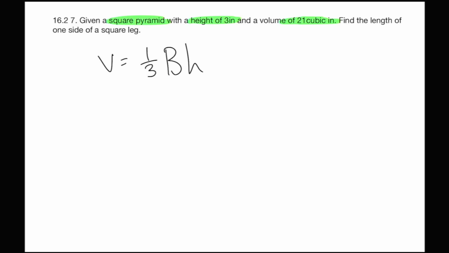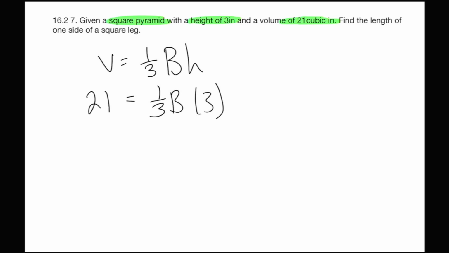All right, now we're just going to plug in what we know. We know that the height of the pyramid is going to be 3 inches. So instead of plugging in my height, I'm going to plug in my 3. We also know that the volume of the pyramid is going to be 21.